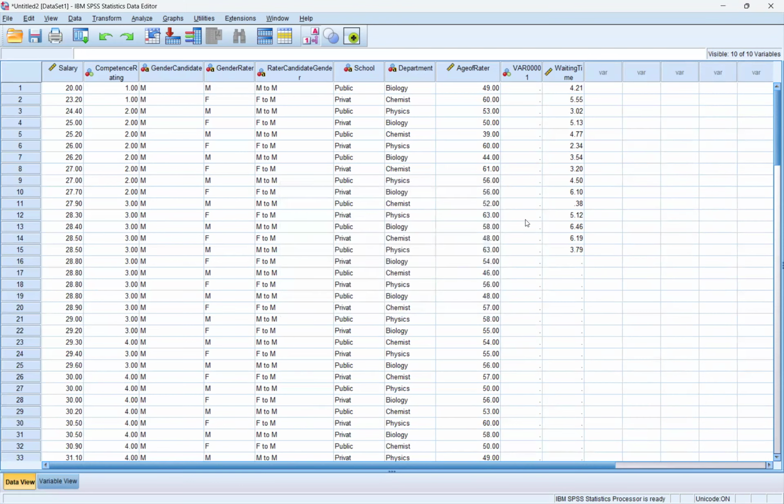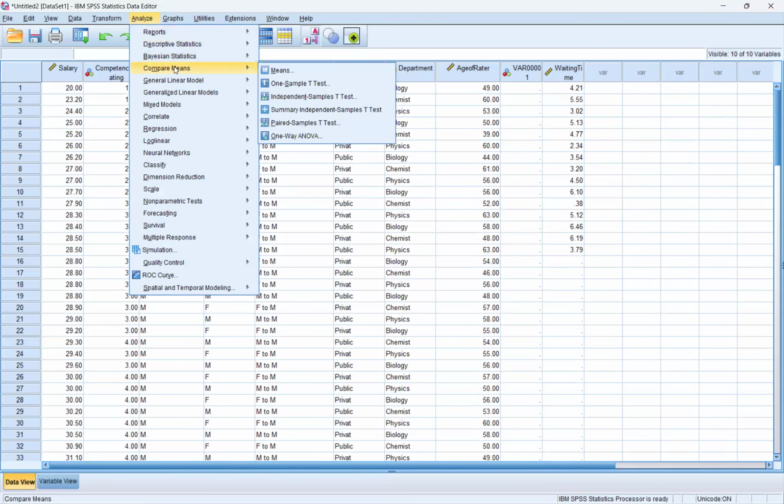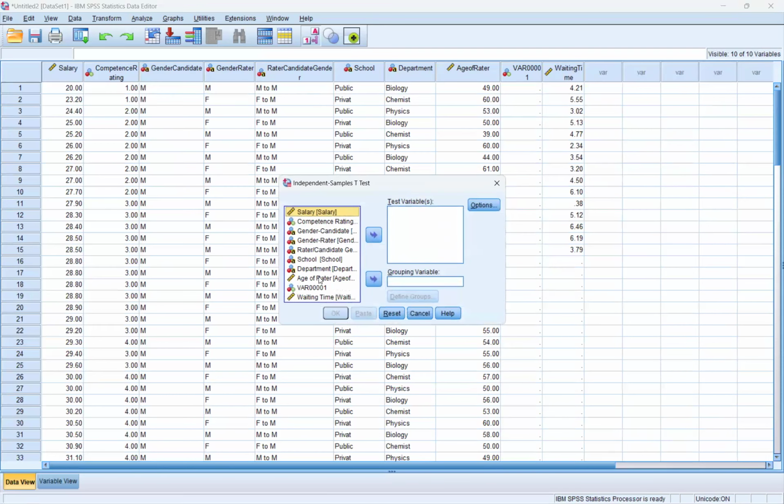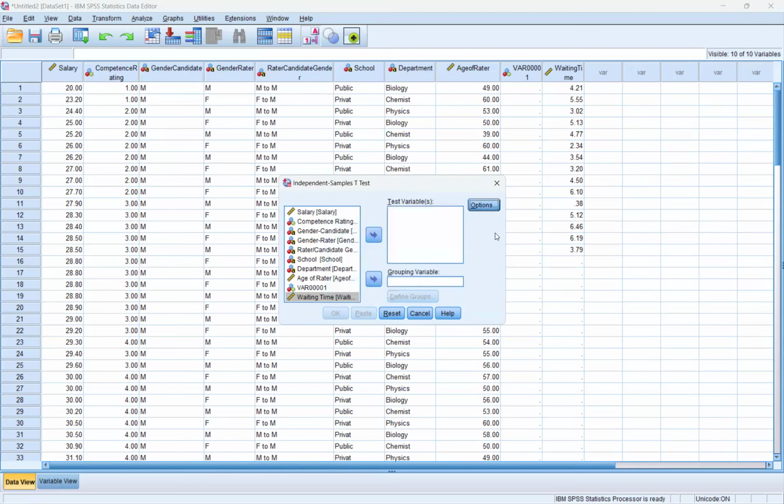Does anyone know how to do it for a single upper tail in SPSS? This is showing the independent samples t-test, look at that once. Waiting time, dependent samples, test variable in grouping. Here also we don't have it, no?